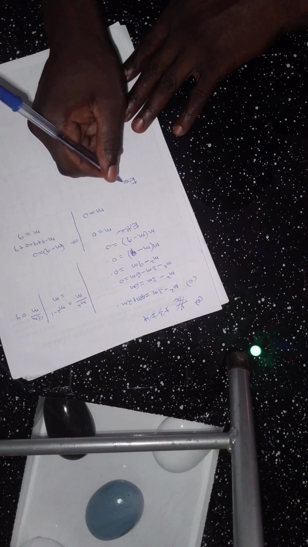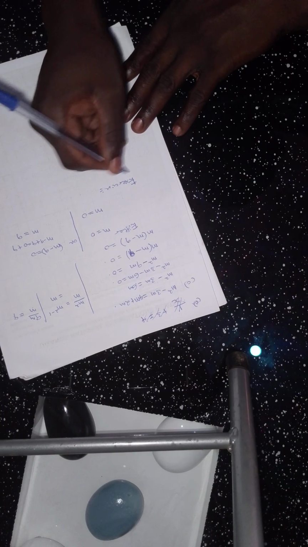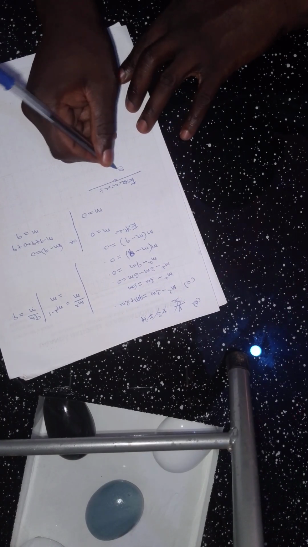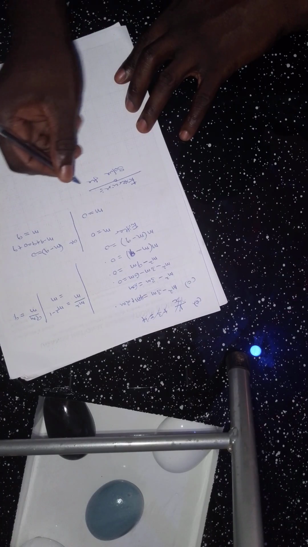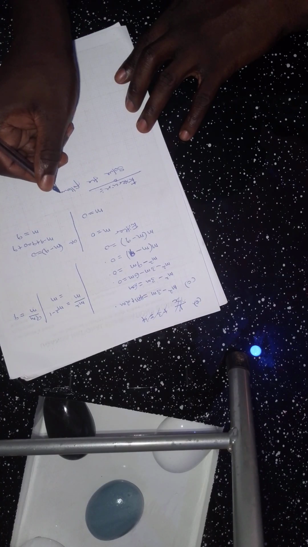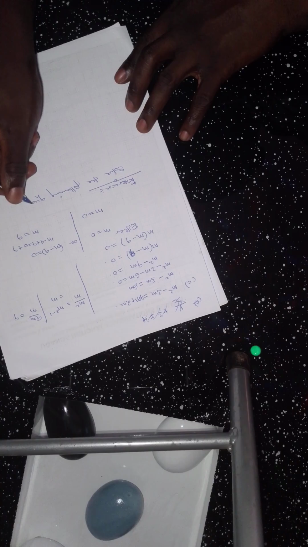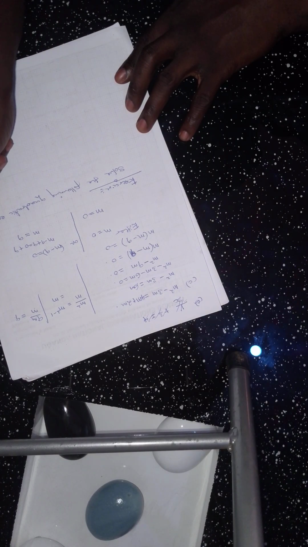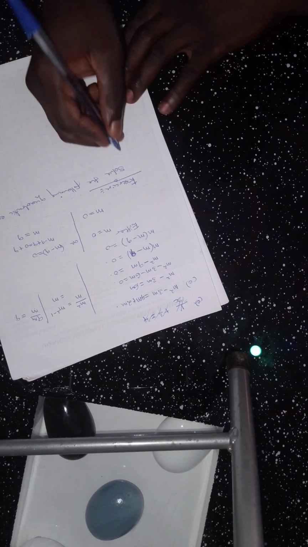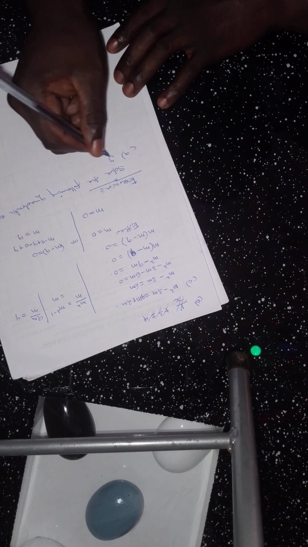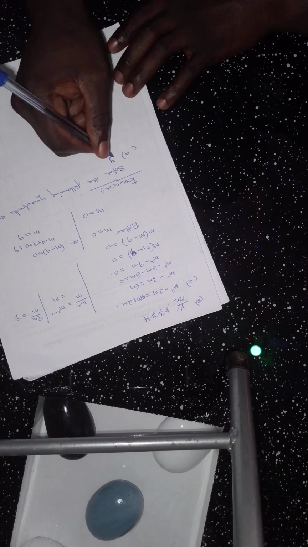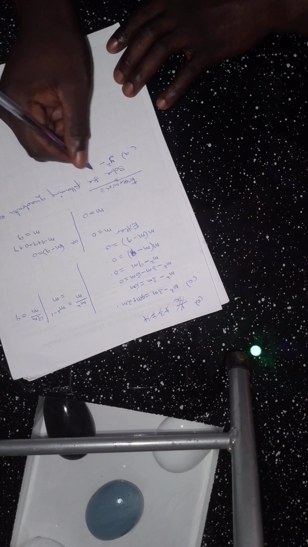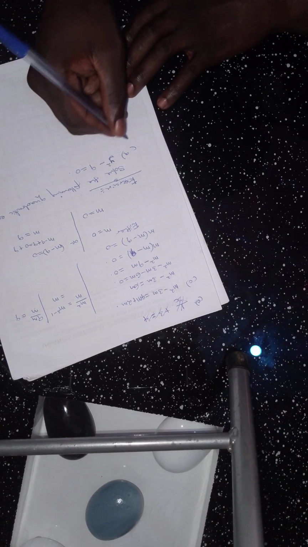Now in an exercise, let us try to solve the following quadratic equations. Part A, we have y squared minus 9 is equal to 0.